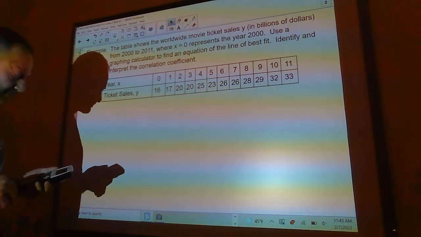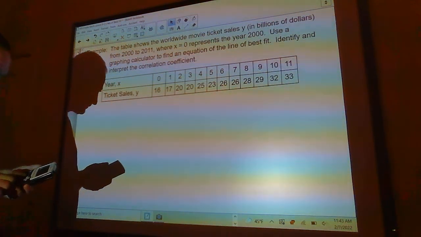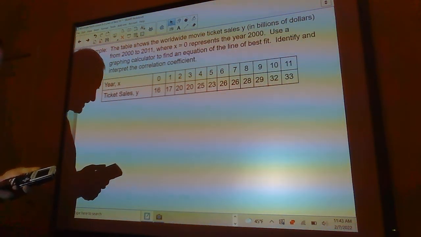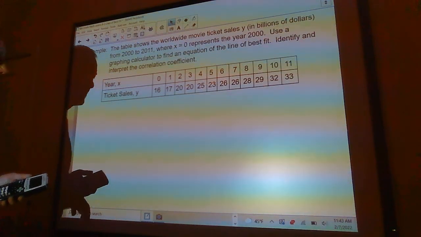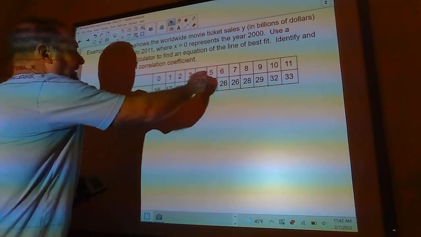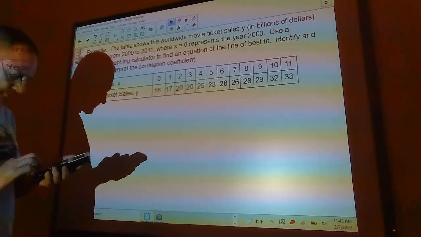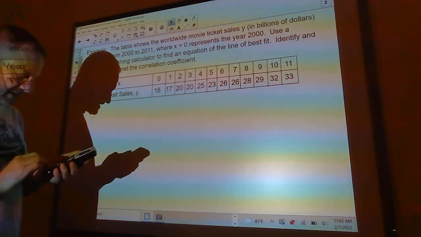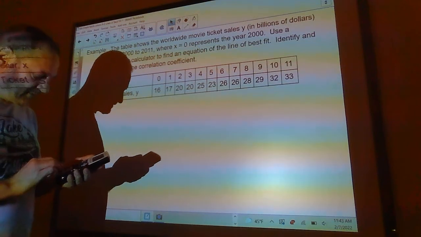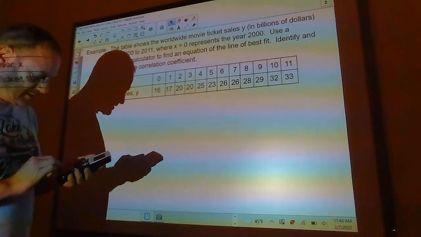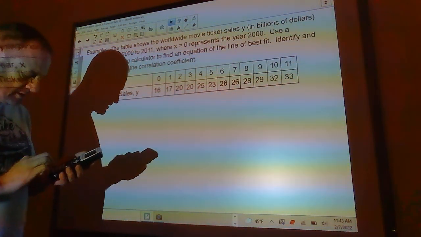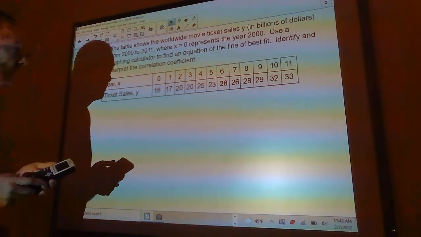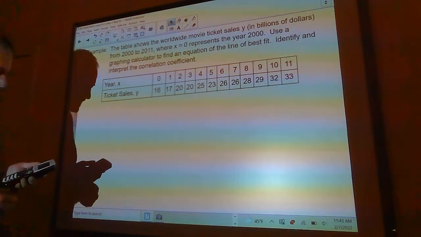The first thing I did was clear all my lists. Then I go to Stat, and I go to Edit. I go into L1 and start putting in my data: 0, 1, 2, 3, 4, 5, 6, 7, 8, 9, 10, and 11. Now I arrow to the right.